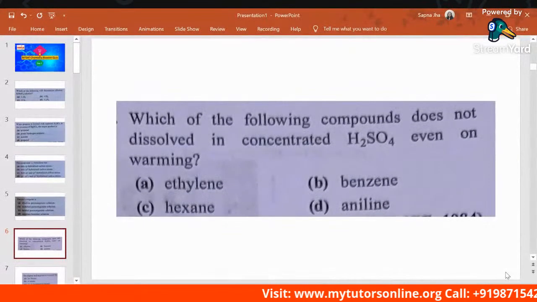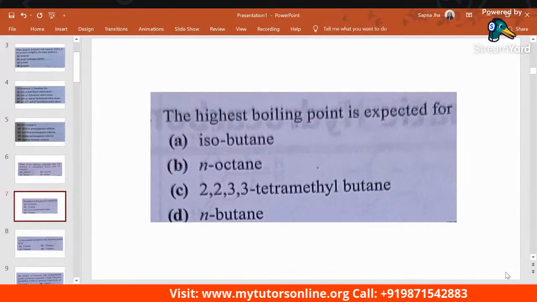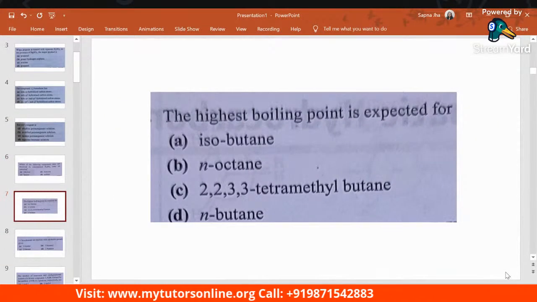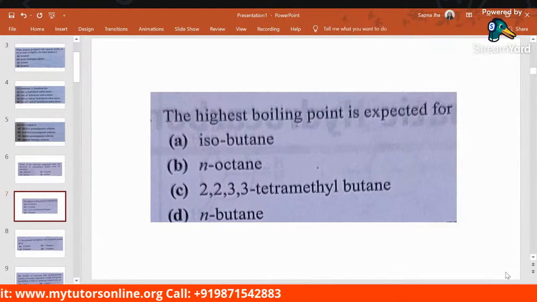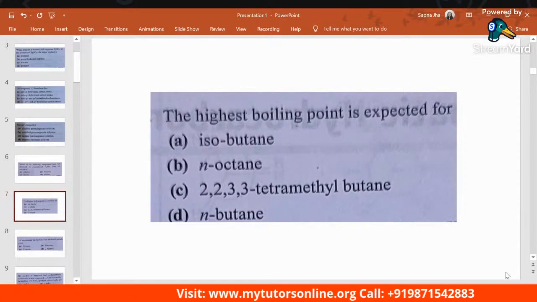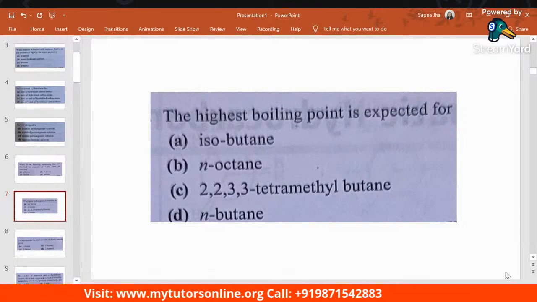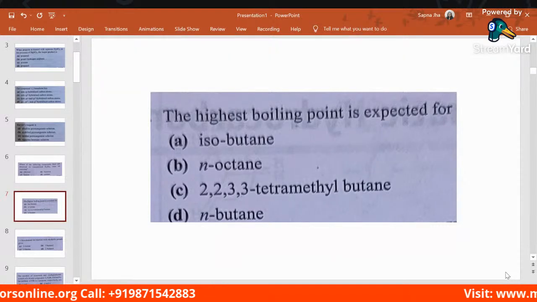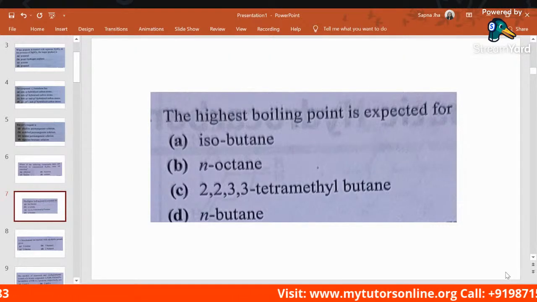Very good. Next question. The highest boiling point is expected for which one of the following? Is it isobutane, or normal octane, or 2,2,3,3-tetramethylbutane, or normal butane?